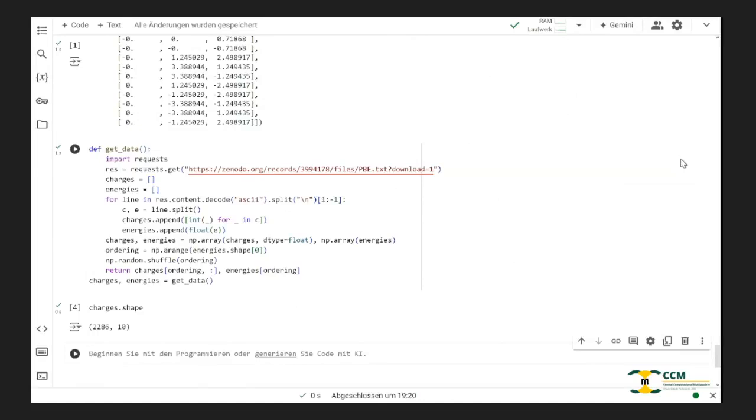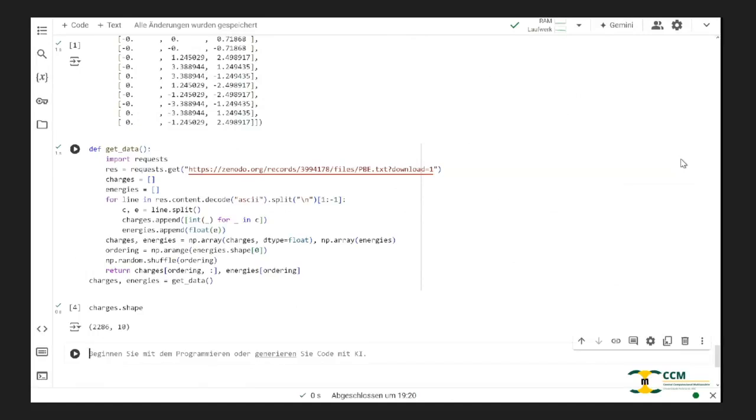The hydrogens don't change. For all 2,000 molecules, you have the same number of 8 hydrogens coming up there. So your coordinates are 10 carbons and then 8 hydrogens.